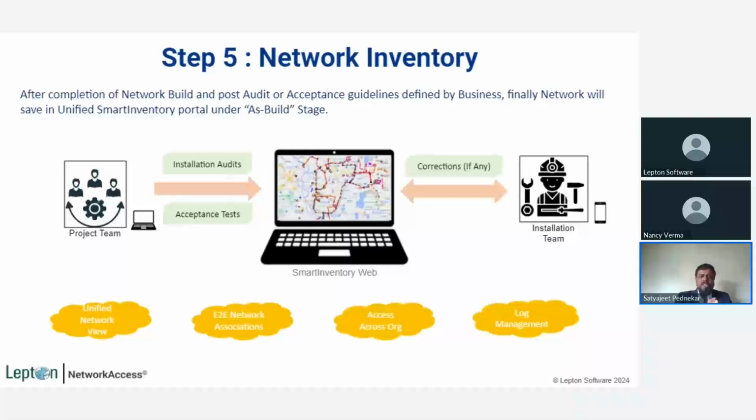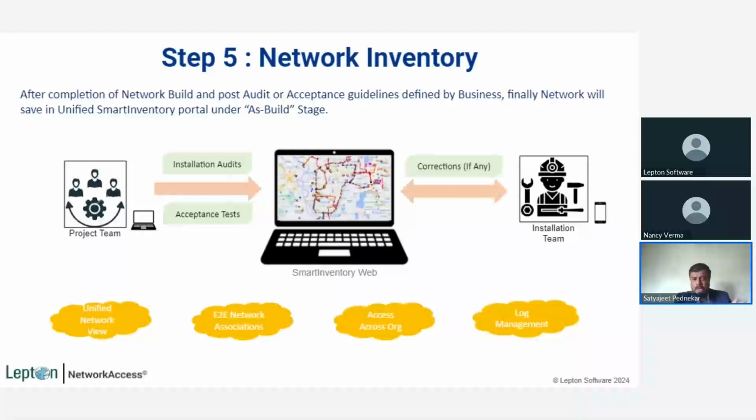So these are the 5 different stages which we have seen, starting from the survey, plan and design, network build, and network inventory. Until now, you have seen there is no external tool required, apart from the Lepton Smart Inventory solution.